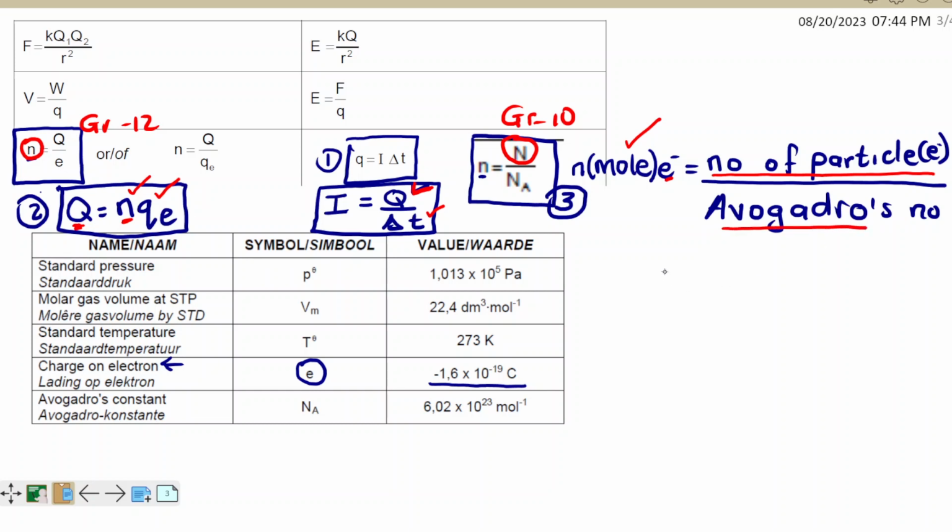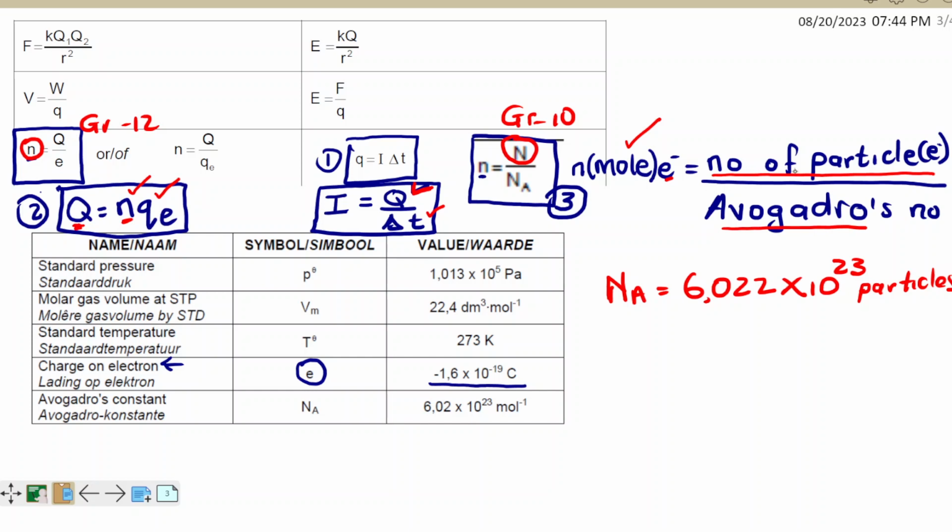The Avogadro's number, we know it is Na, it is Na equals 6.022 times 10 to the power 23 particles. So that is the Avogadro's number. They say that 1 mole of a substance is equal to this number of particles.